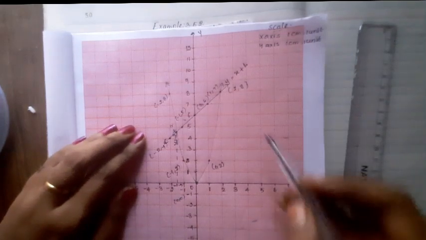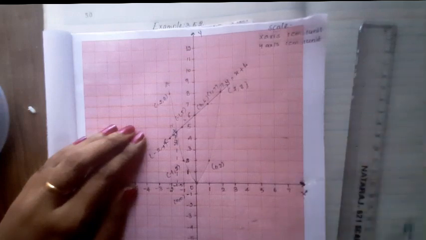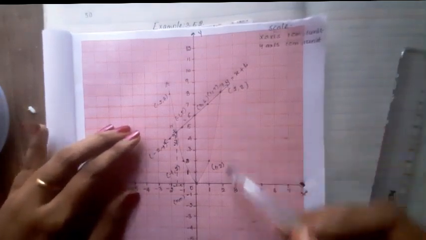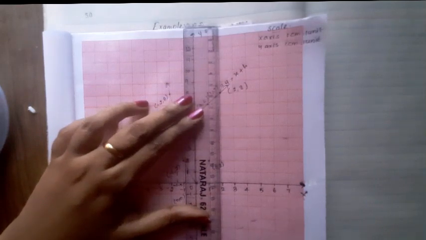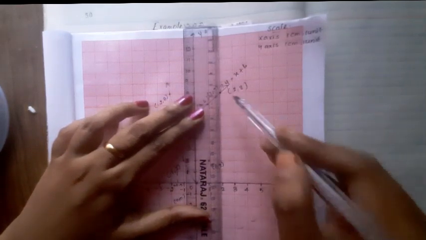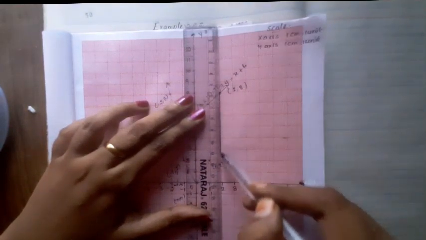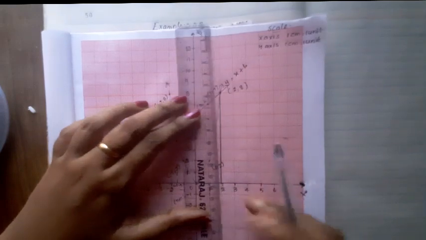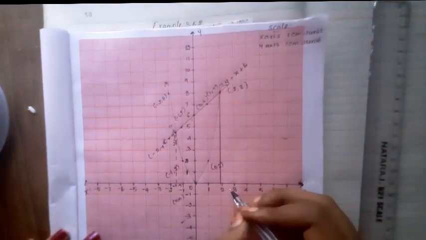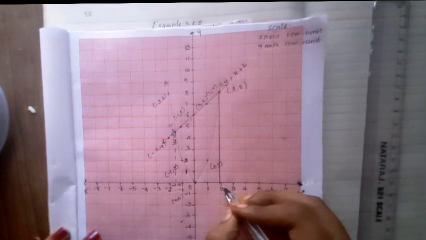Then here is the other point of intersection. Using your scale, just find out the point on the x-axis. Just draw it. So it is exactly 2. Okay, it is exactly 2.